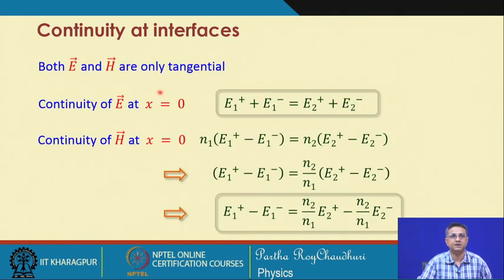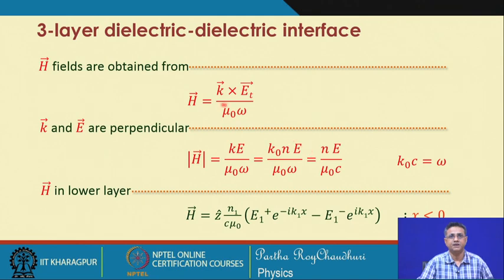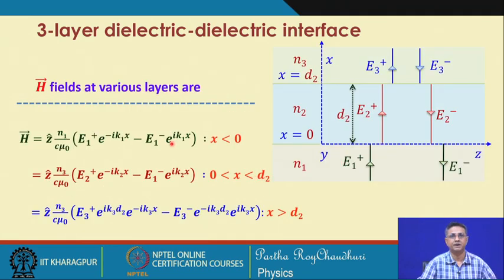Having known this, we will now utilize the continuity condition for both E and H. In this particular case, both of them are tangential components: electric field vectors and magnetic field vectors both lying in the interface plane. So, k and E are perpendicular, which has given me this relation, and then H in the lower layer, this also I have calculated.